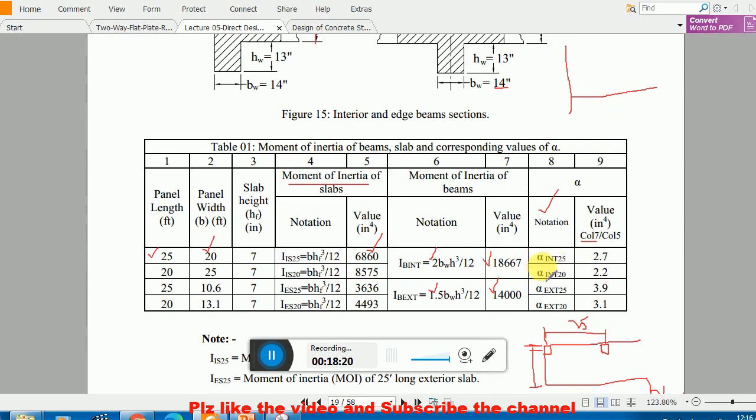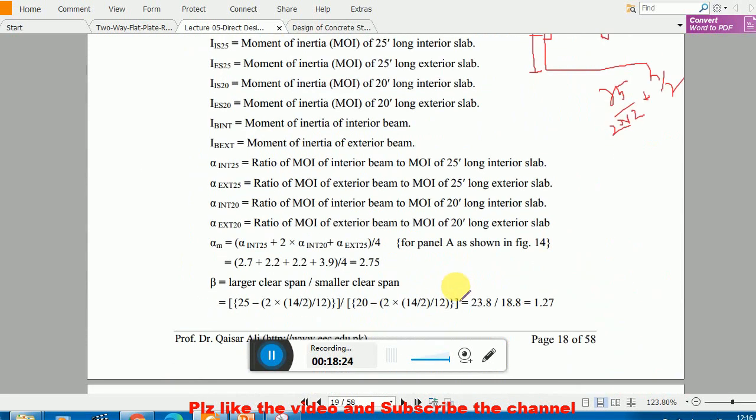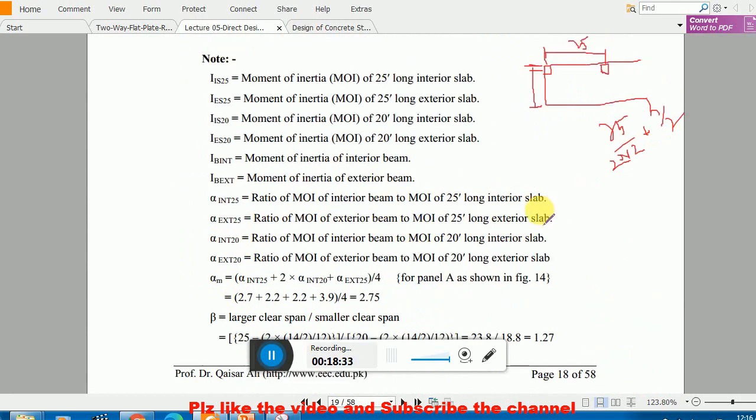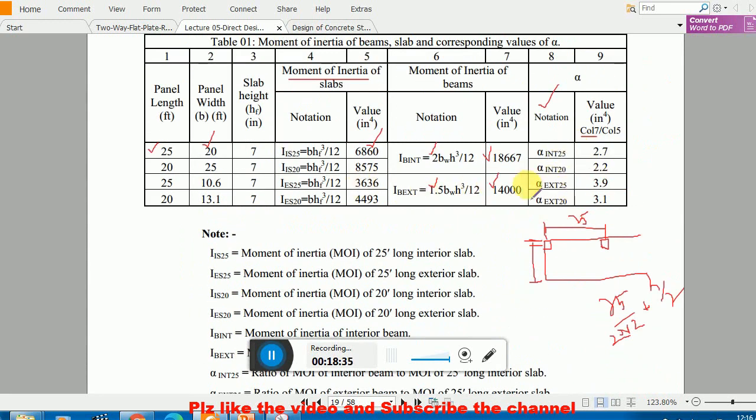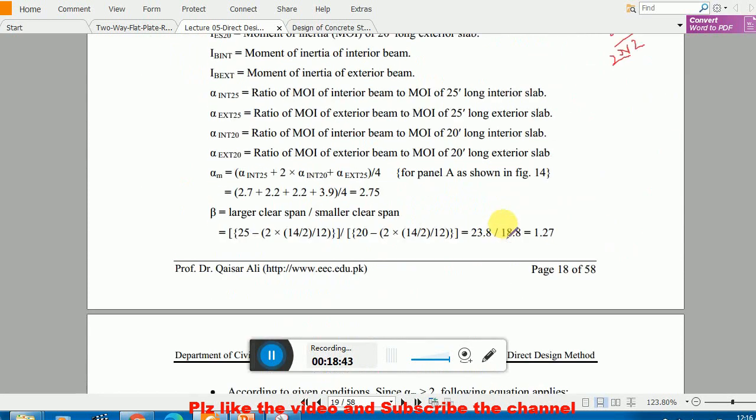I already explained in lecture number 1 and 2 how I define these things. And you see here the ratio of moment of inertia of the exterior beam to the moment of inertia of the 25 feet long exterior slab. So I think there will be no complexity or difficulty. This is easy.